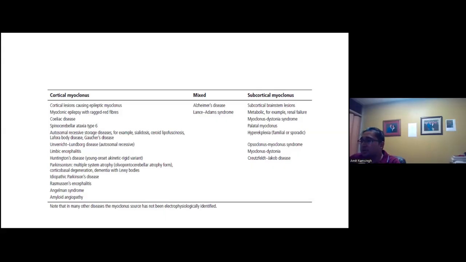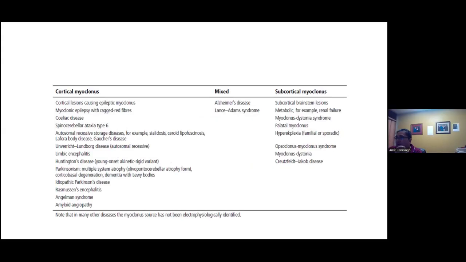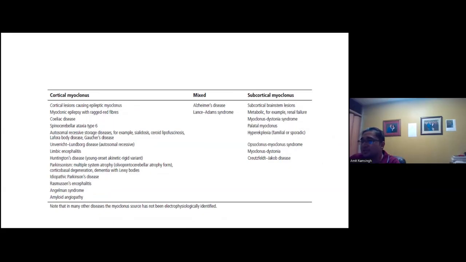Subcortical myoclonus could be variant Creutzfeldt-Jakob disease, or the different prion diseases, palatal myoclonus, as we talked about before, and different metabolic abnormalities that could cause it as well, such as renal failure, uremia, and mixed cortical and subcortical spinal disorders such as Alzheimer's disease.